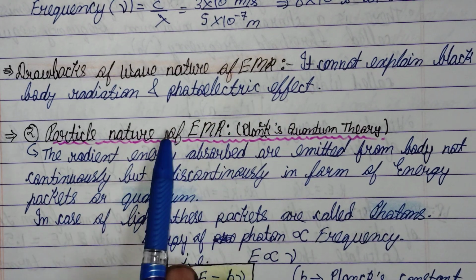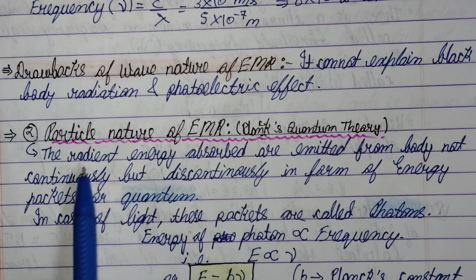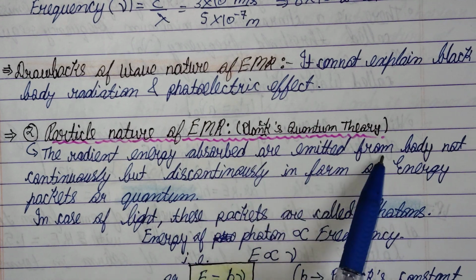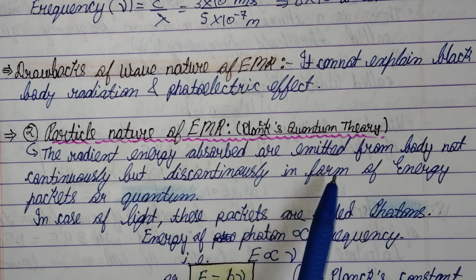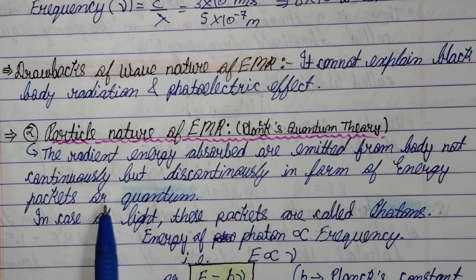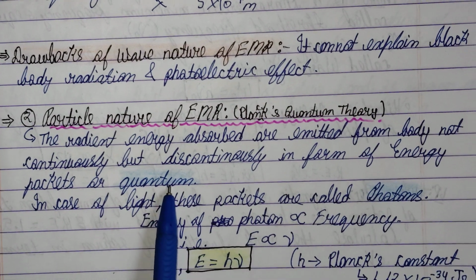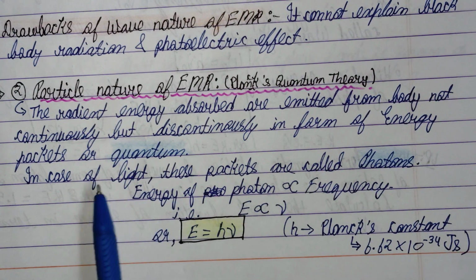Next is particle nature of electromagnetic radiation. Planck's quantum theory. The radiant energy is absorbed or emitted from a body not continuously but discontinuously in the form of energy packets, called quantum. Quantum is energy packets. It means it is a discrete form of energy.